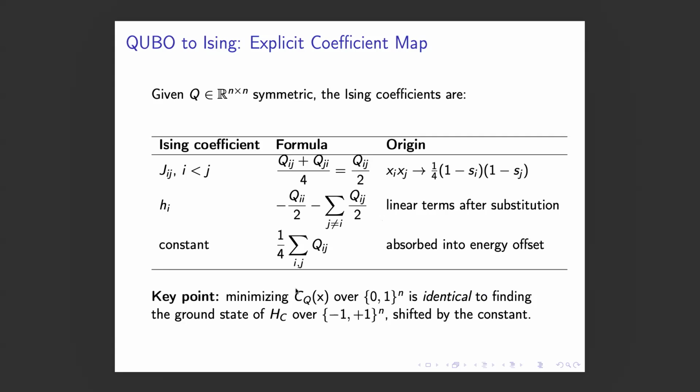So minimizing this function here over this set of variables is identical to finding the ground state of this Ising Hamiltonian, which is just shifted by a constant. So we have something which is ready for translating into quantum gates.